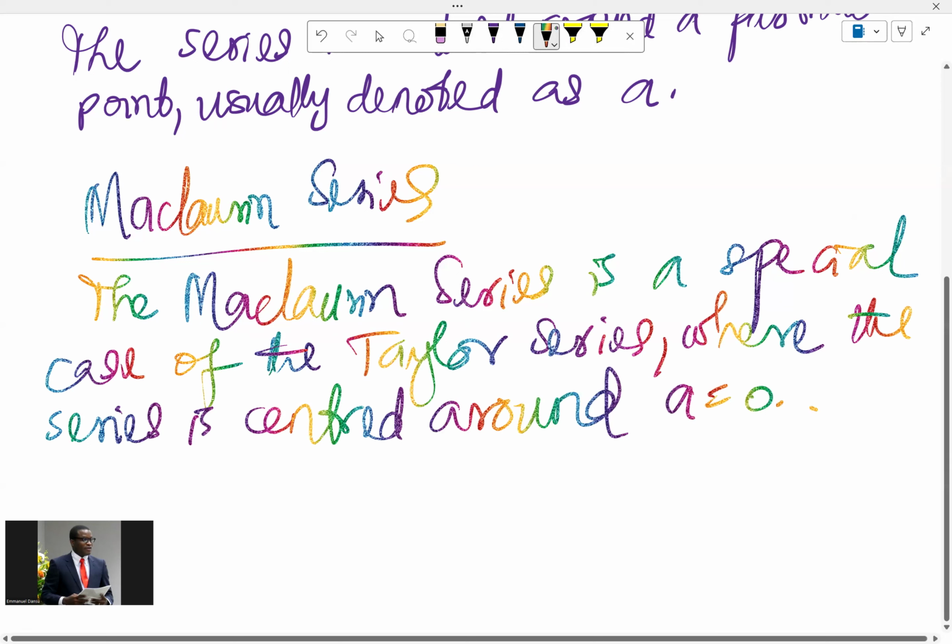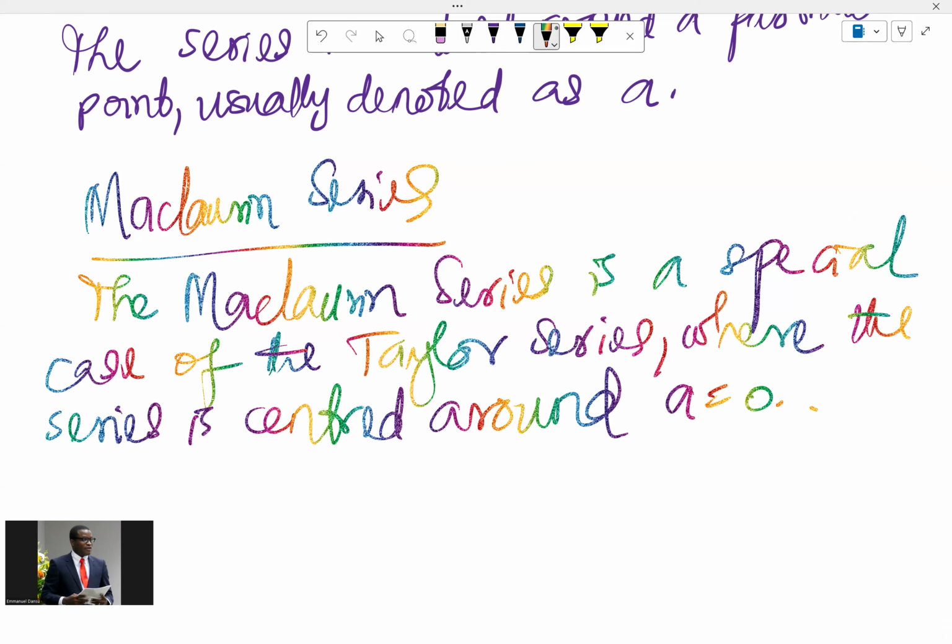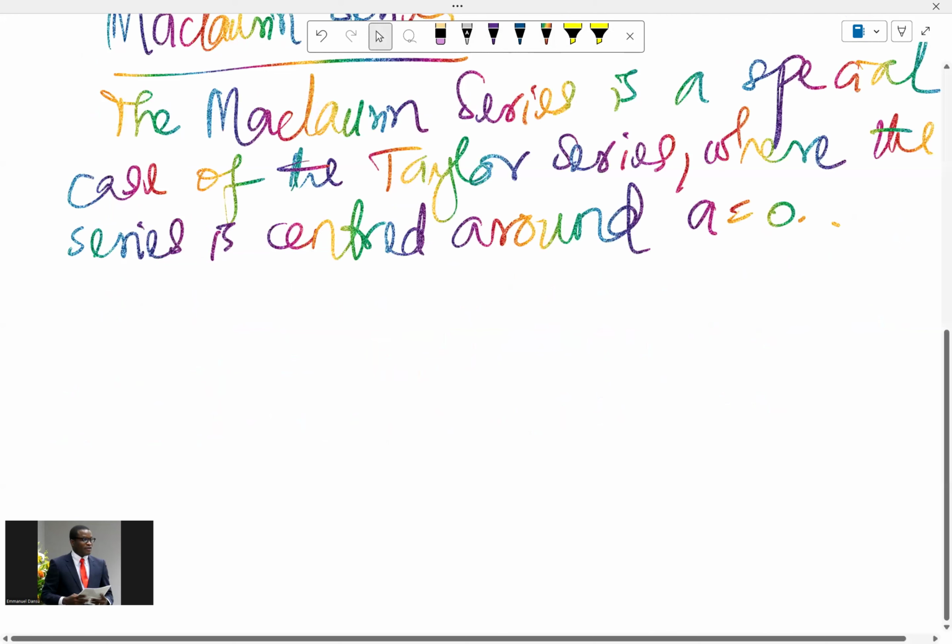That's the Maclaurin series. So Maclaurin series is more like a simplified version of the Taylor series because it is now done at A equals 0.